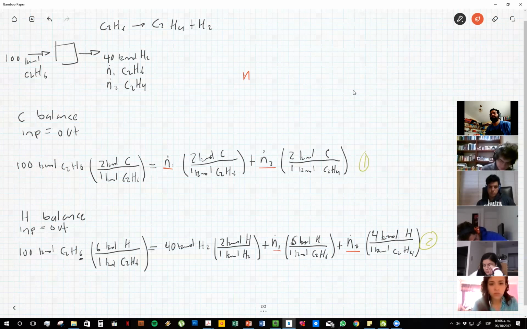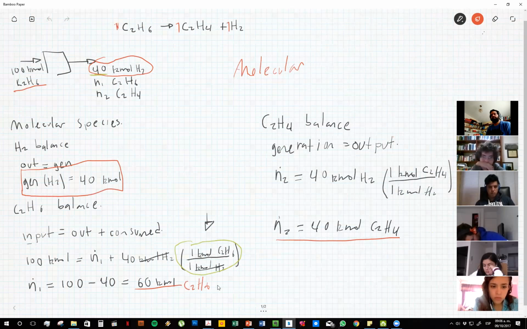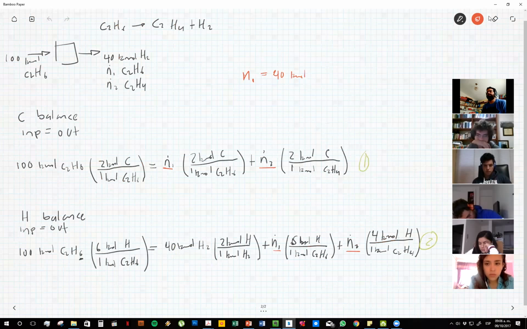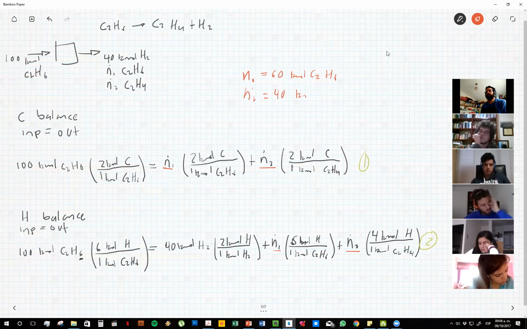N1 is equal to... what's this? Let me check. Yeah, N1 was 60 kilomoles. So let me erase this one. It was 60 kilomoles of C2H6, and N2 was 40 kilomoles of C2H4.